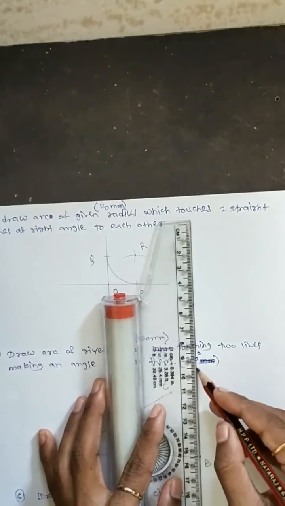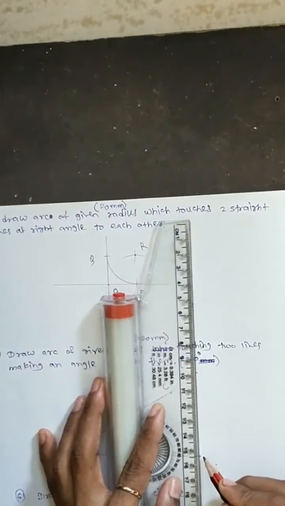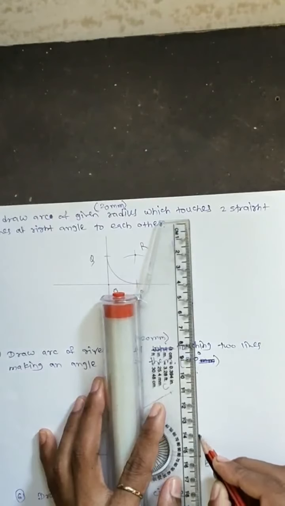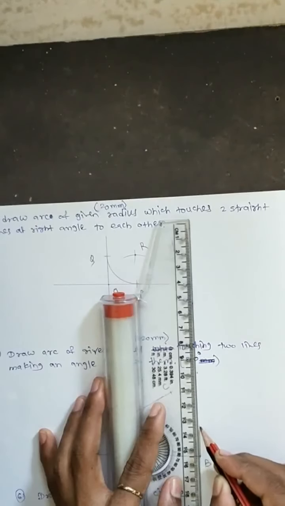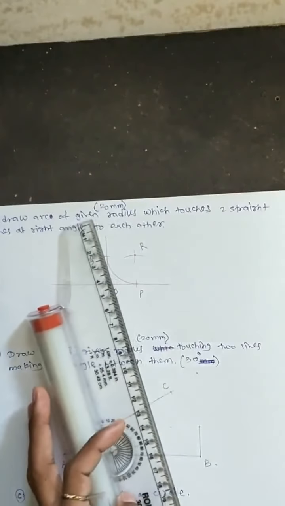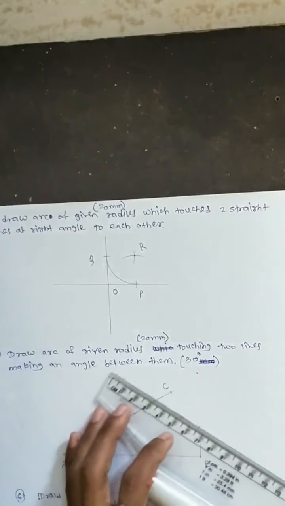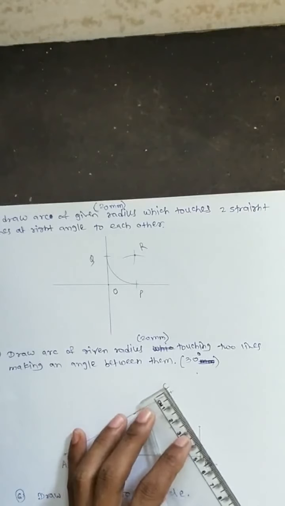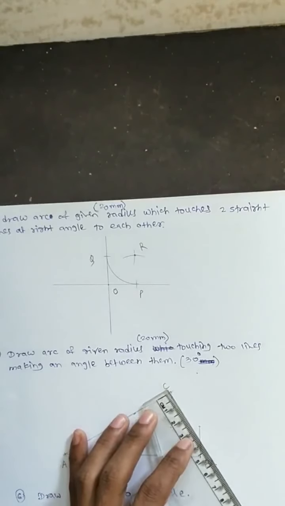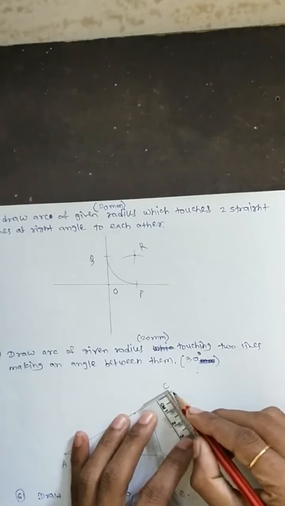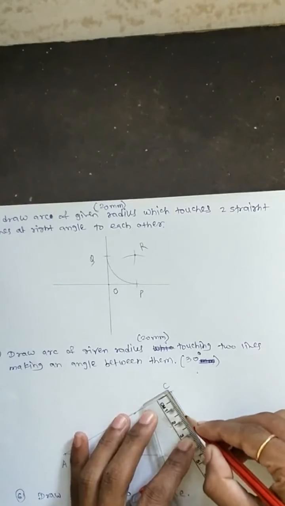So on this line take 20 mm distance. This is the 20 mm distance point, and then 90 degree to C, draw 20 mm line.